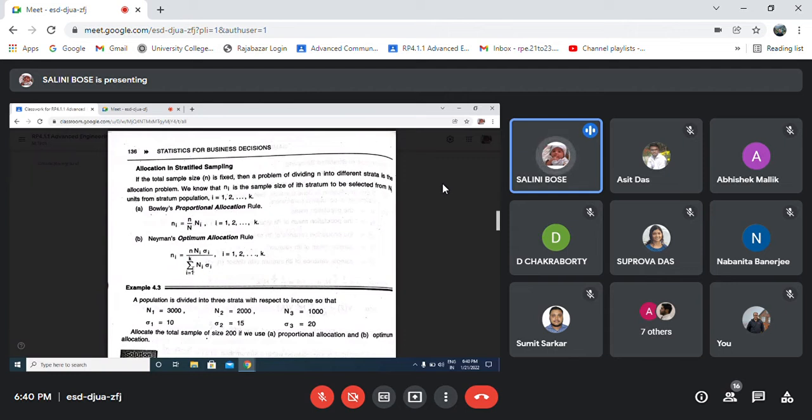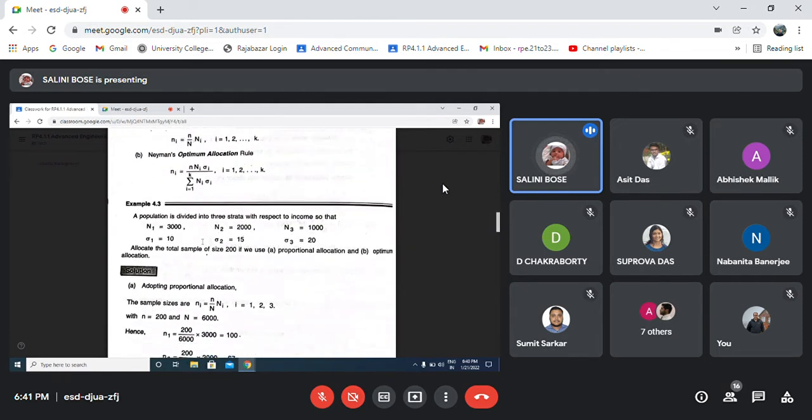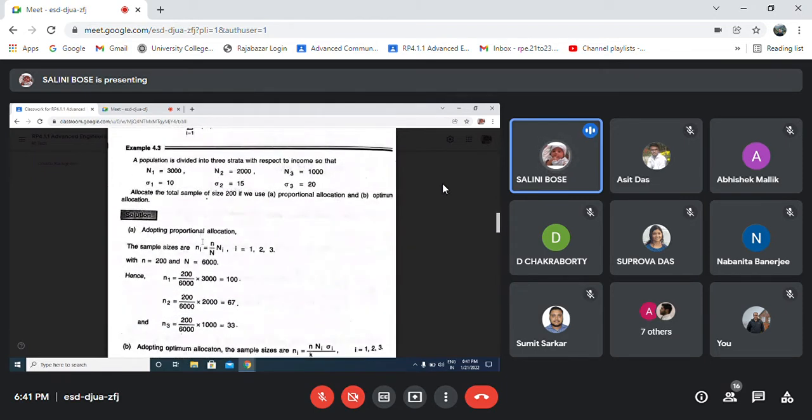So this formula you have to remember. Just see here, an example is given so that you can find it out easily.